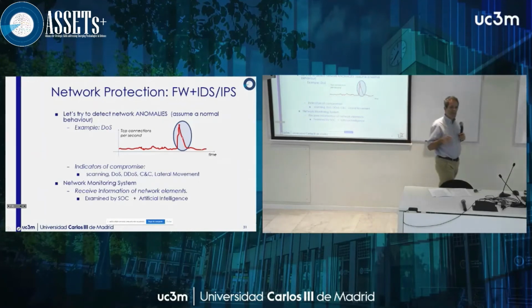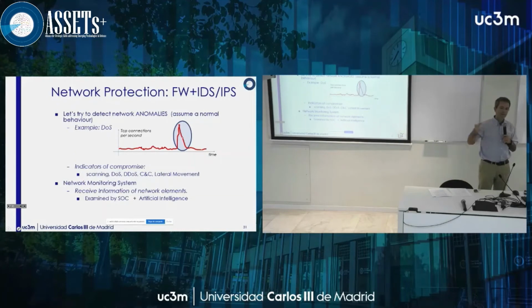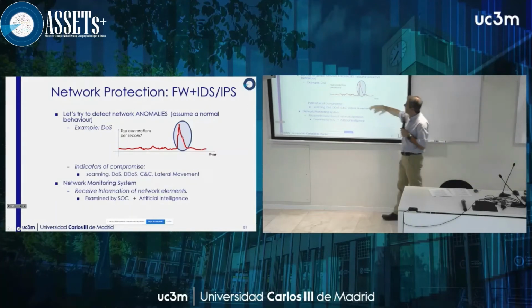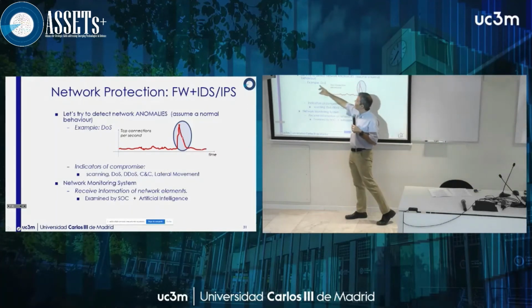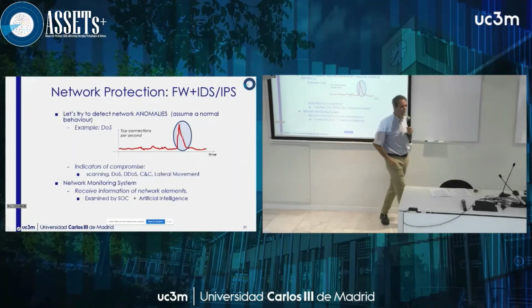The rationale is, if I am infected by malware, my computer will do some rare thing, something I have never shown. So if I am able to detect some anomalies, probably that anomaly is motivated because a system is infected. To illustrate that it's working, we can look at the denial of service attack.